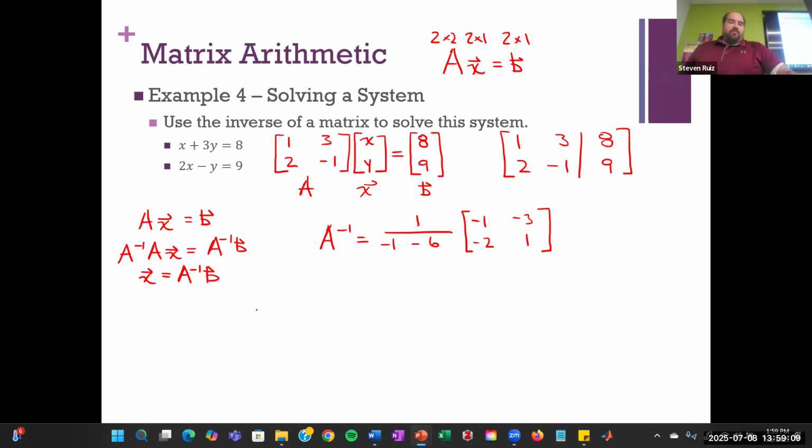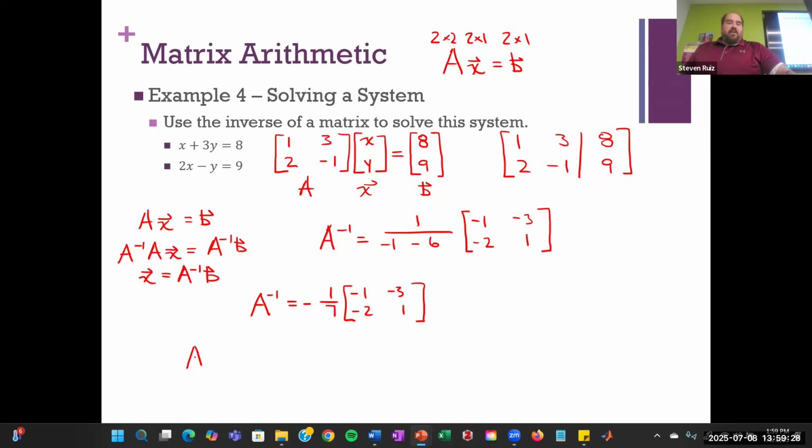I think all of us, myself included, are kind of fraction averse. One way we can keep this is like this: -1/7 times -1, -3, -2, 1.